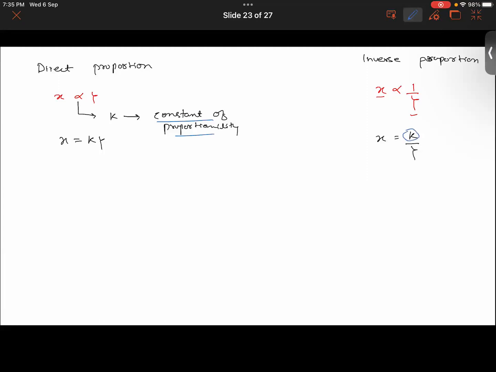Getting it? Now in class 9th and class 10th, you will study this in the form of a graph. Direct proportion will give you a straight line if you plot a graph between x and y. For example, if the value of x is 10, the value of y is 20.